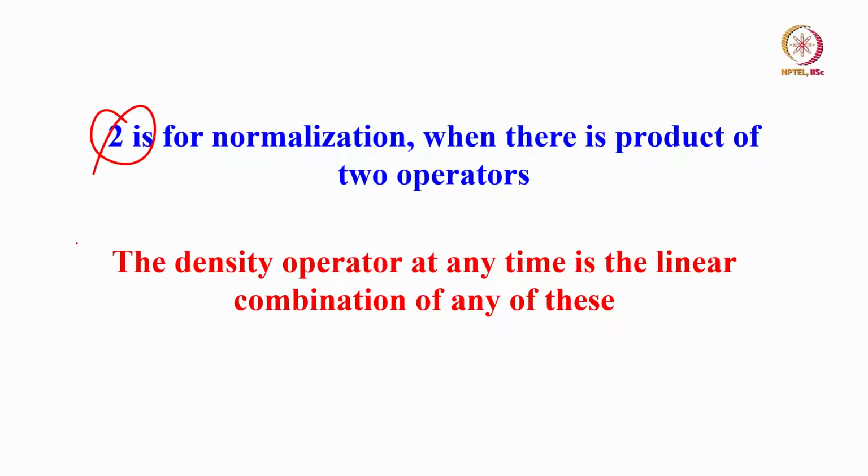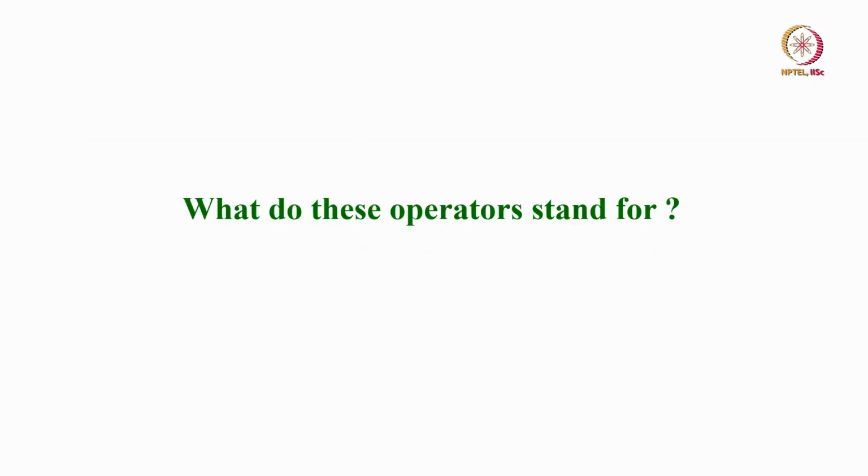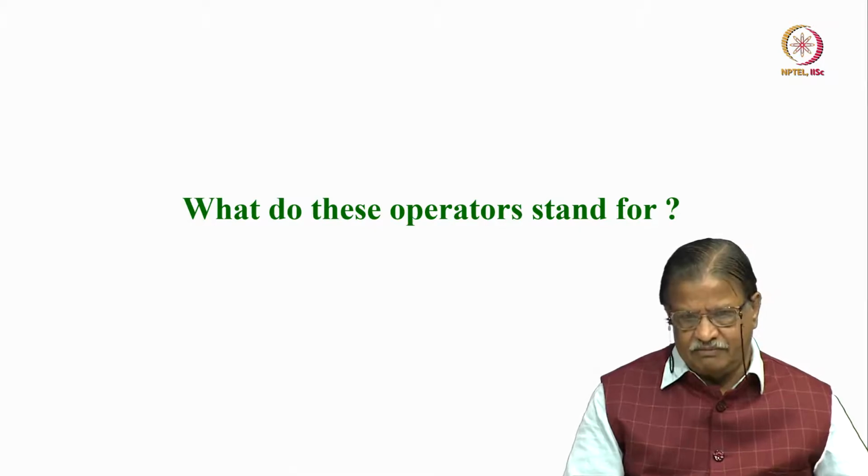So, now if I have to consider the density operator at any time when the 2 spins are interacting, including J coupling, it is a linear combination of these. All the 16 operators are there, it is a linear combination of any of these together. What do these operators stand for? How do you understand these operators?